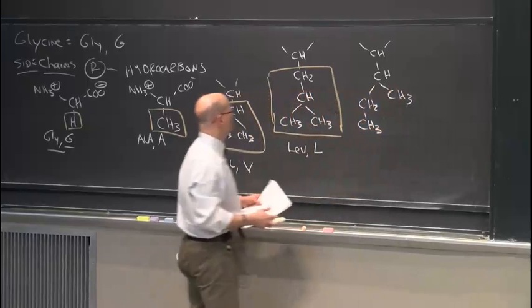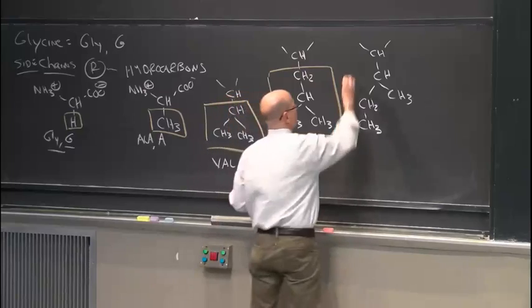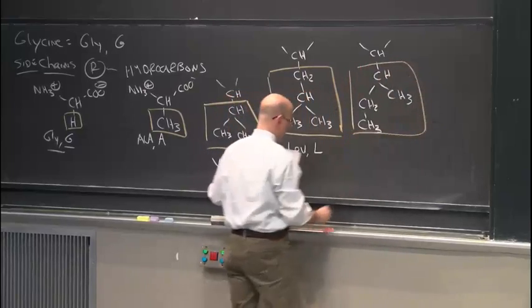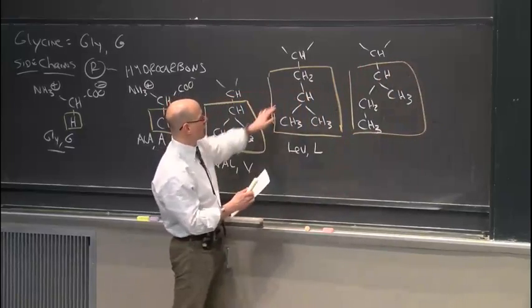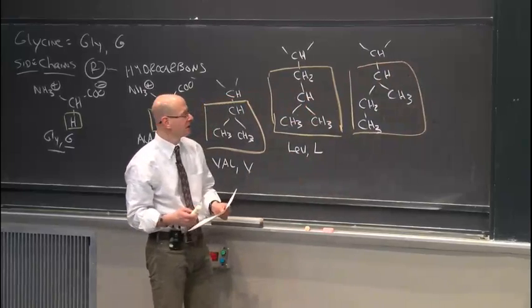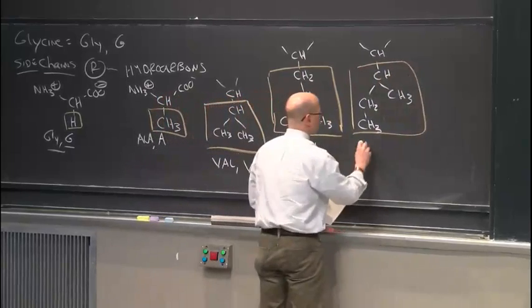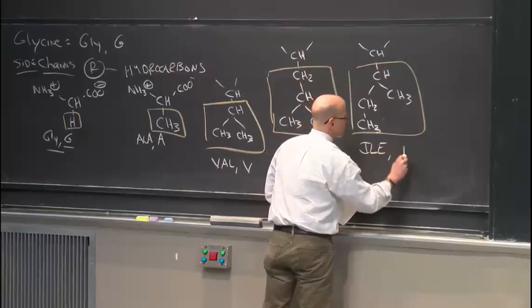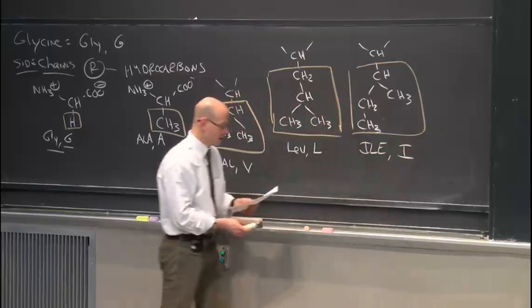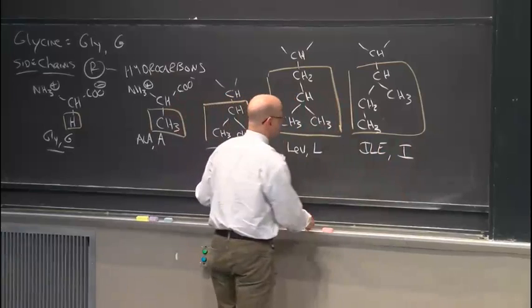I'd like you to notice that the side chain here contains the exact same number of carbons, 4, as the leucine side chain, but it's an isomer of leucine, and so we'll call it isoleucine, I-L-E, or single letter I.